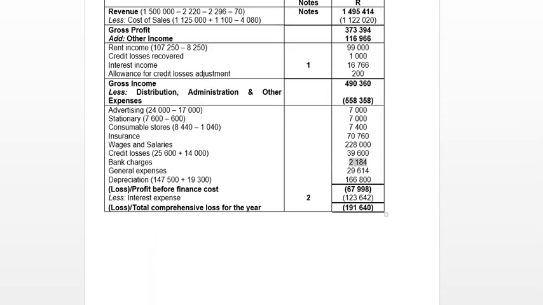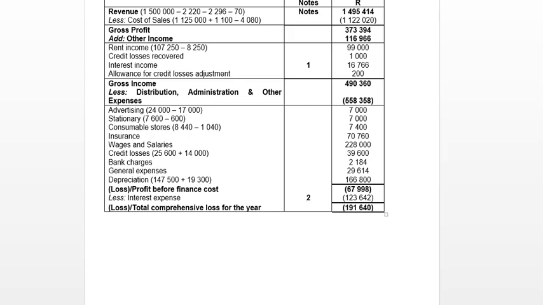If we account for it, our bank charges 2,184 Rand, our general expenses 29,614, and our depreciation 166,800 Rand. So our total expenses was 558,358. If we take our gross income less our distribution, administration, and other expenses, then we made a loss before our finance cost of 67,998 Rand.